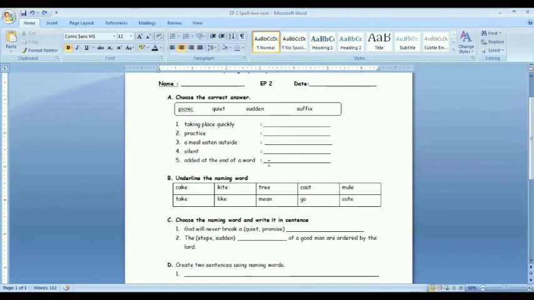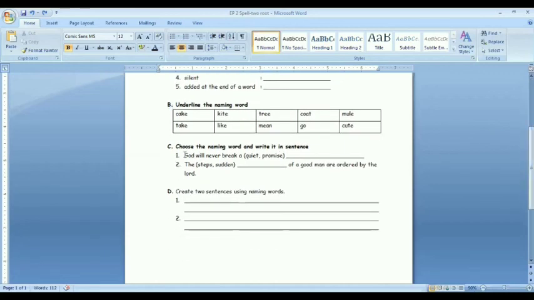Okay? Next, underline the naming word. Look at the words over here. Some are verbs, but some others are naming words. So, if it is a naming word, underline the word. Easy? Yes, of course.